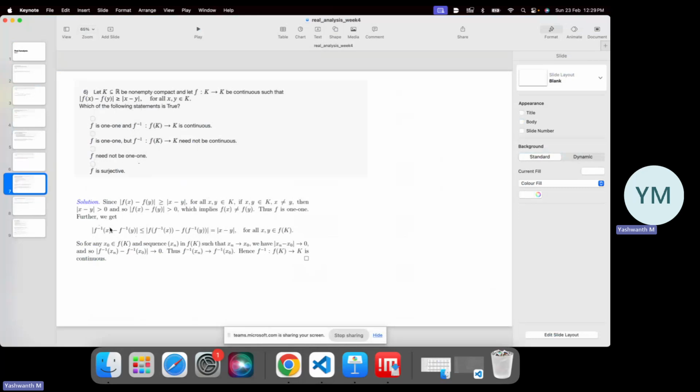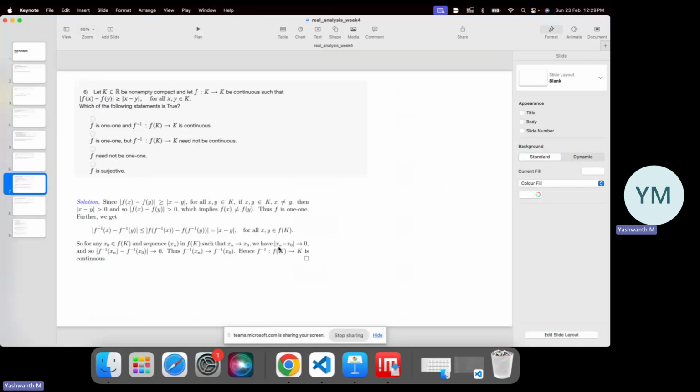Here f inverse x and f inverse y take the role of x and y, and we have this for all x, y belonging to f(K). We put any x naught in the range f(K) and a sequence xn approaching x naught.